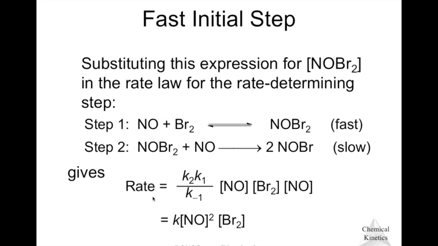And so that gives us the rate equals this expression for NOBr2 times the NO. So that's our rate law there. And we can simplify this into K [NO]^2 [Br2], which is what we had experimentally determined.